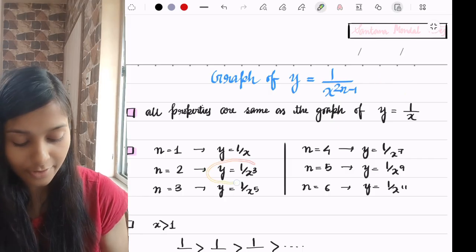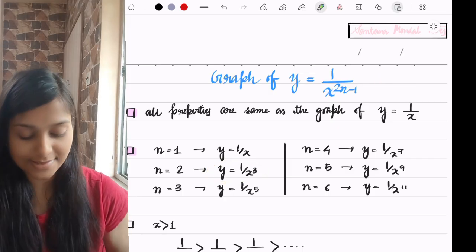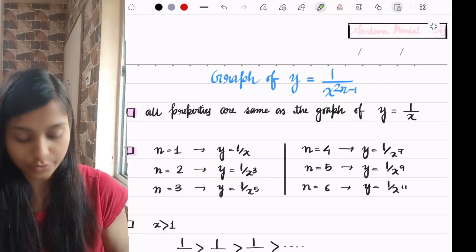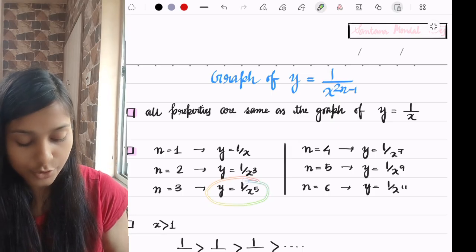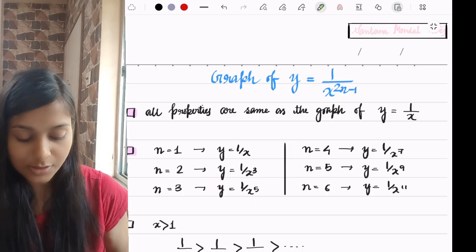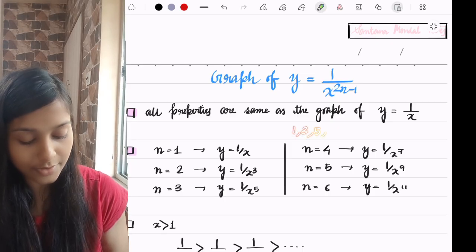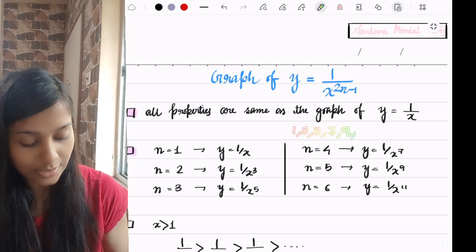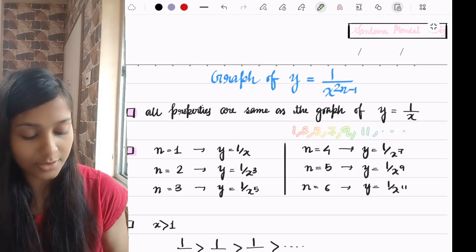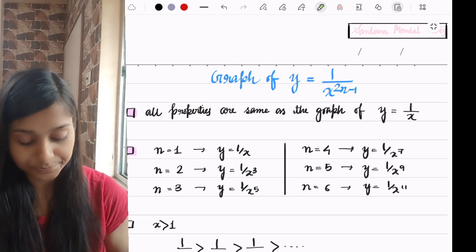So it gives the function y equals 1 by x cube. Similarly, for n equals 3, we get the function y equals 1 by x power 5, and so on. So we get these powers 1, 3, 5, 7, 9, 11 and so on. That is the odd integers.